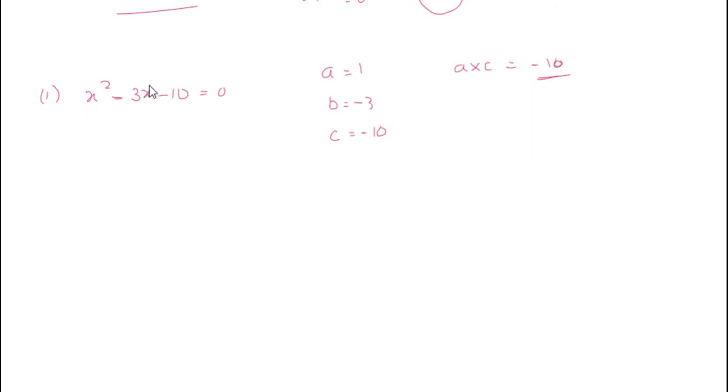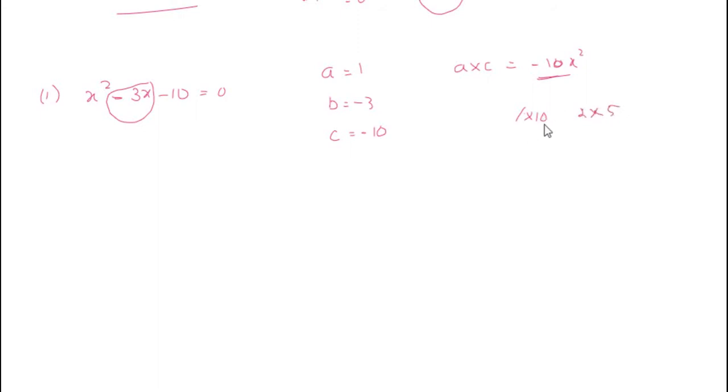Now the middle term is minus 3x. We have to split it into two terms such that when you add you get minus 3x, and when you multiply you get minus 10 x square. Now the factors of minus 10 are 1 into 10, 2 into 5.